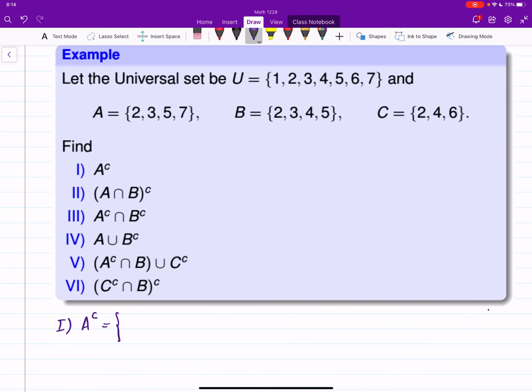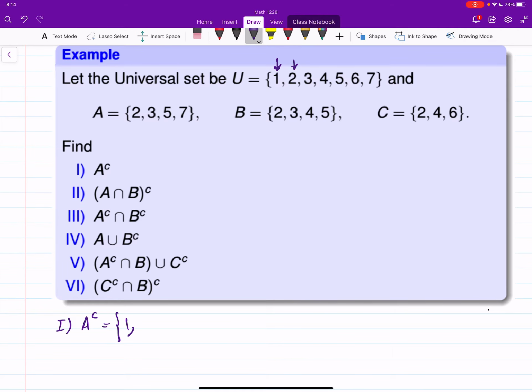So A complement means everything which is in the universal set but not in A. So I go one by one. Is 1 in A? The answer is no. So I will include it in A complement. Is 2 in A? Yes, it is.